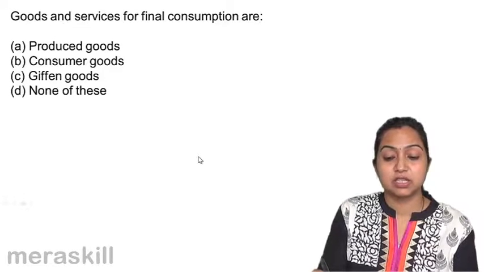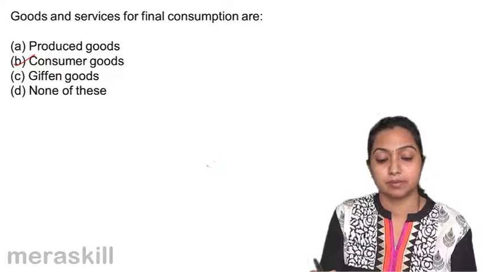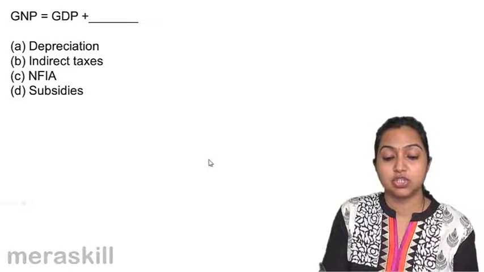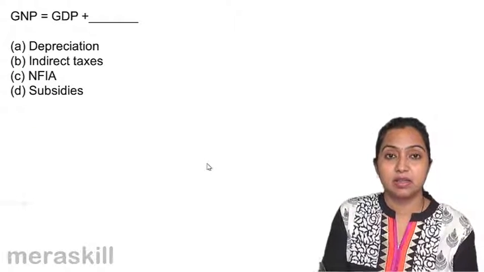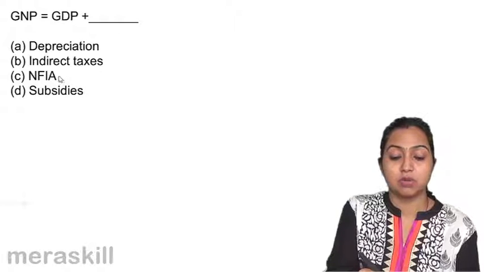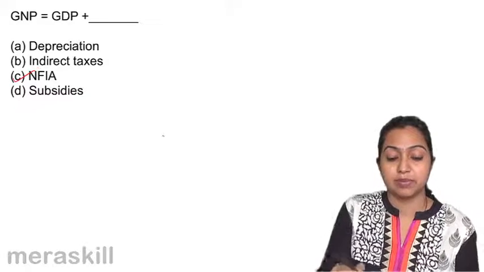Goods and services that are used for final consumption are consumer goods. GNP is GDP plus net foreign income from abroad, which is the biggest measure.